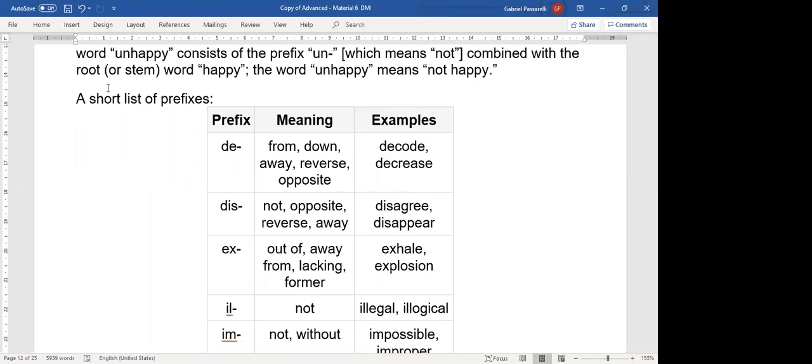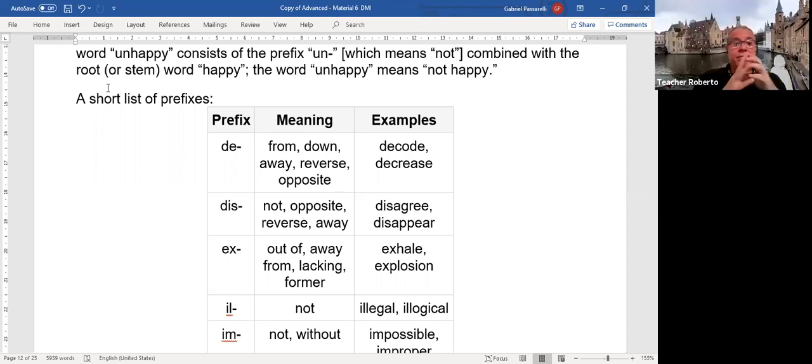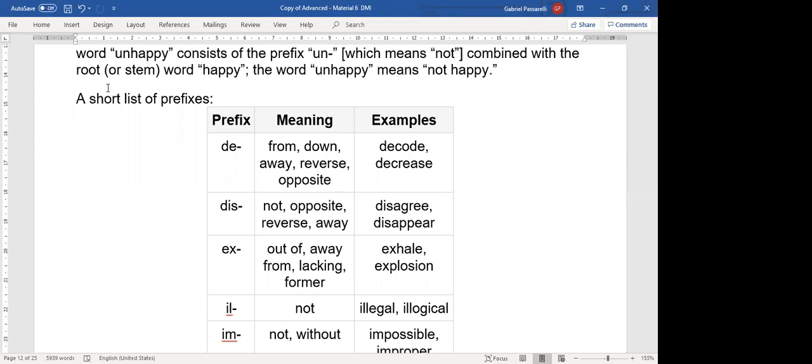Prefix dis, meaning not, opposite, reverse, away. Examples, disagree, disappear. Like, I agree, I disagree. He appeared, he disappeared. What about ex? Prefix ex, meaning out of, away from, lacking, former.